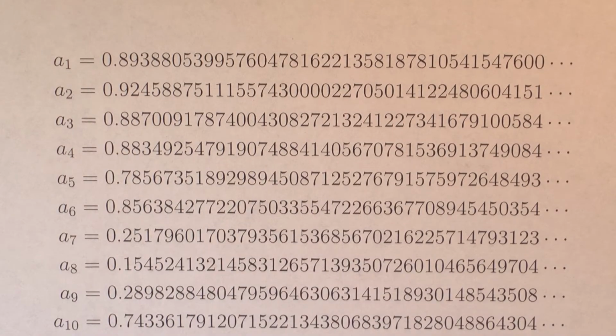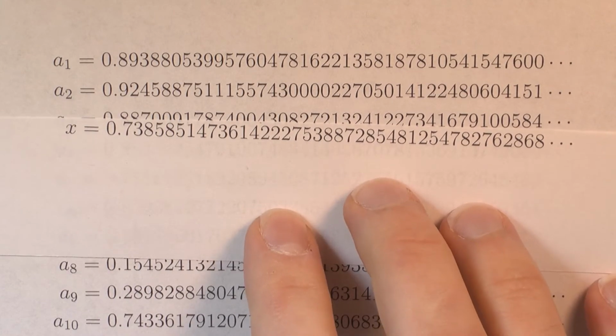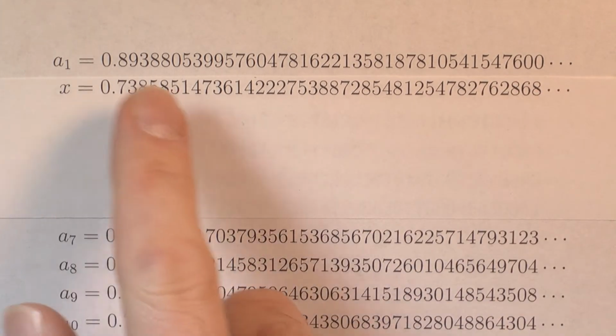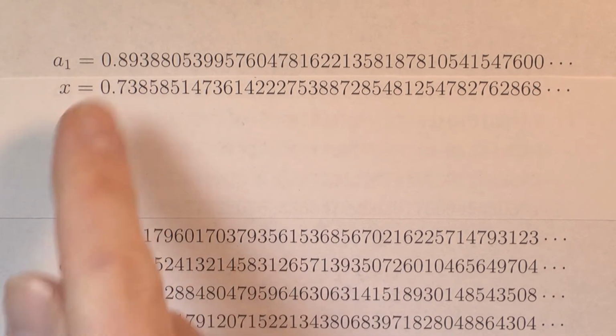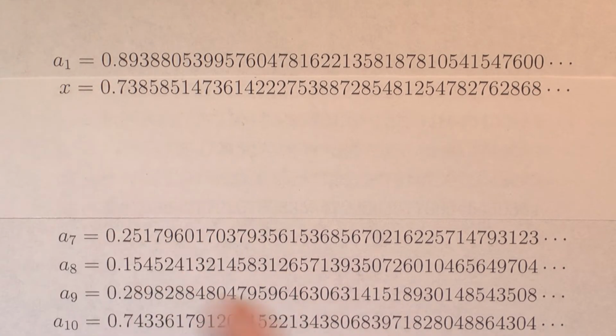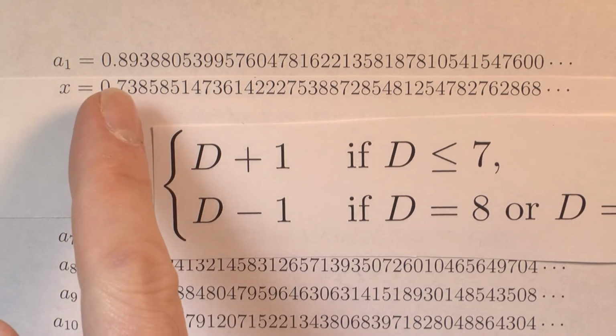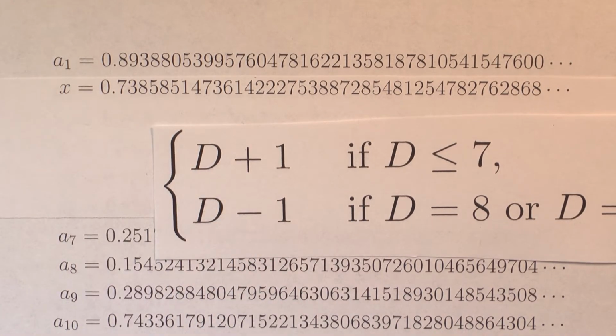Well, here's our list, and here's x. Is x the first number on our list? No, it's not our first number because the first digit after the decimal point of the first number is an 8. But the first digit after the decimal point of x is a 7. Right, I'm using this formula for determining the digits of x. So the first digit of the first number is an 8, and that means the digit for x is a 7.